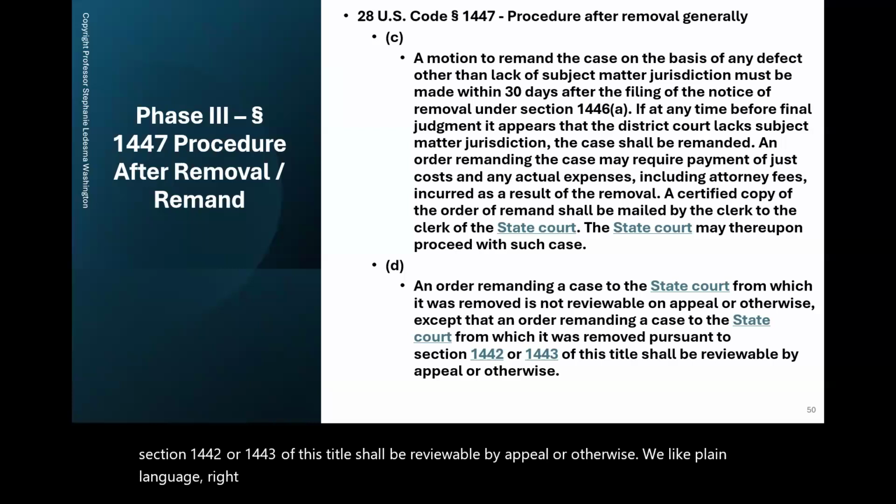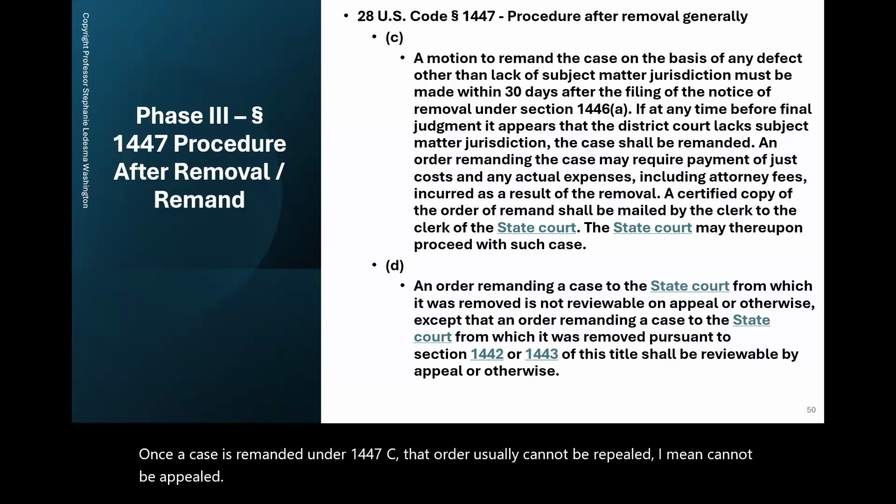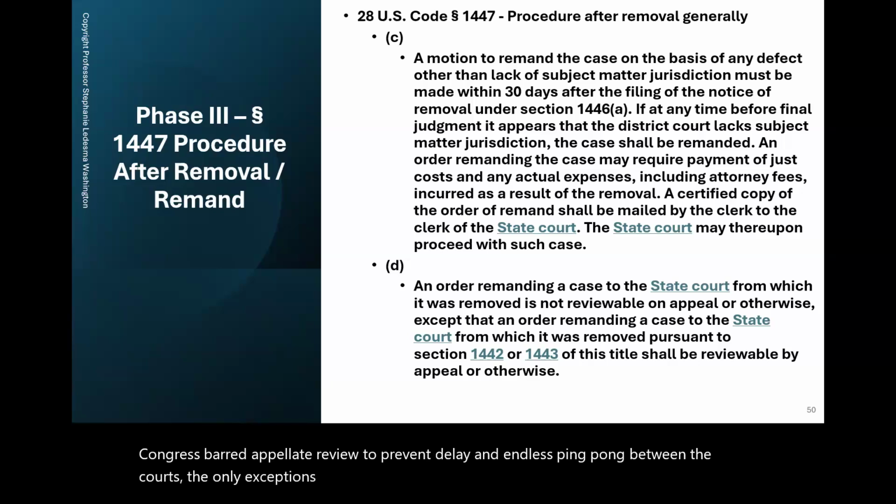Here's the plain language. Once a case is remanded under 1447C, that order usually cannot be appealed. Congress barred appellate review to prevent delay and endless ping pong between the courts. The only exceptions are if the case was removed under 1442, which is federal officers, or 1443, which is a civil rights case.